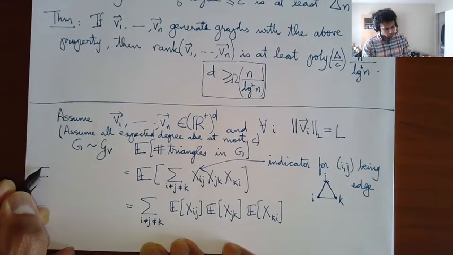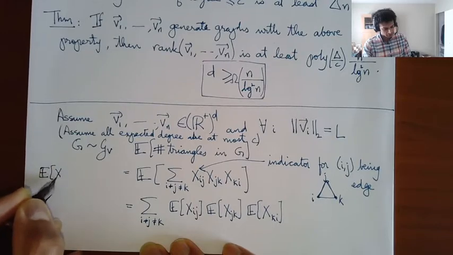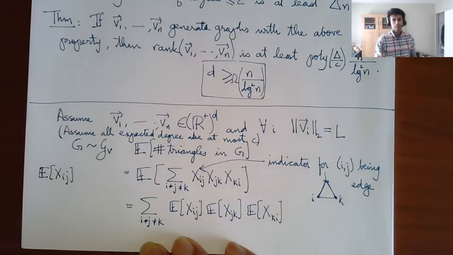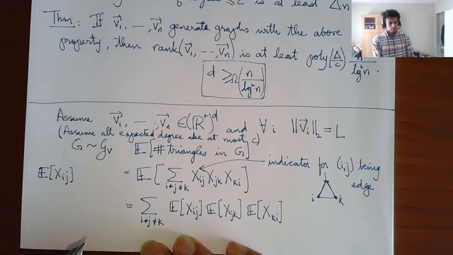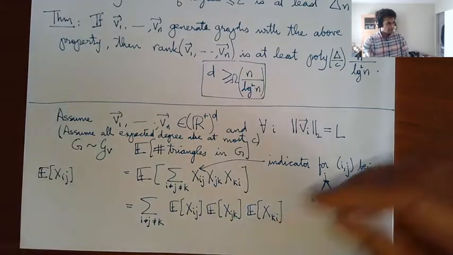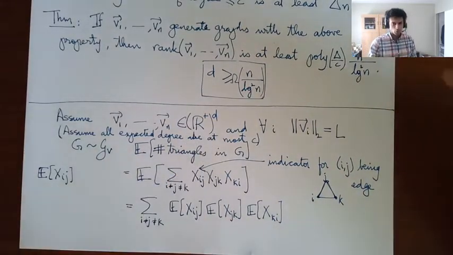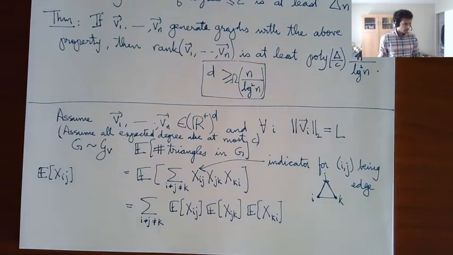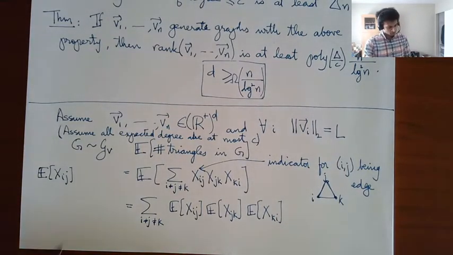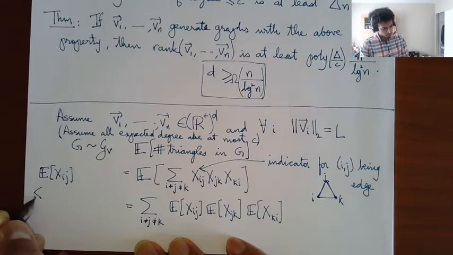Suppose I look at the expectation of x_ij. Somewhat trivially, I can bound this.